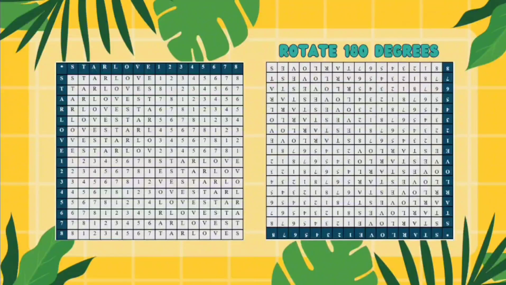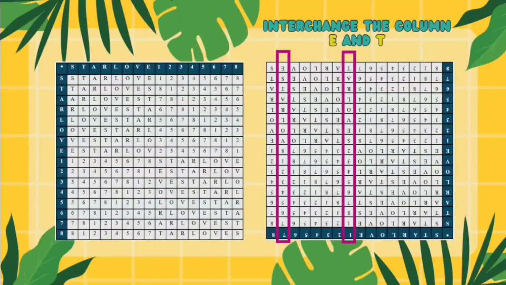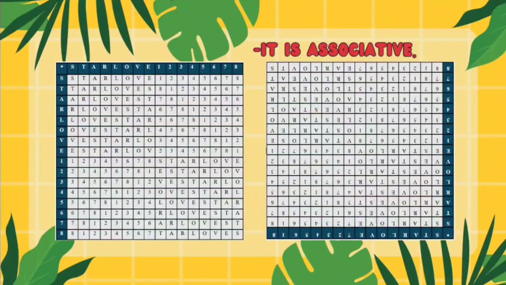And as you can see, it is not the same, so it is not yet associative. So we are going to interchange the column E and P. And after interchanging it, it is now associative.